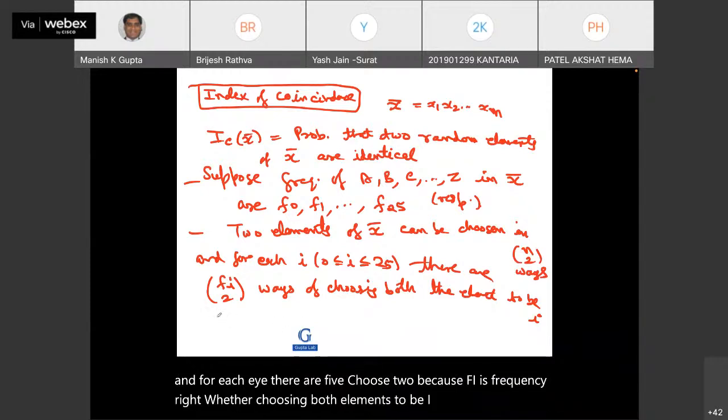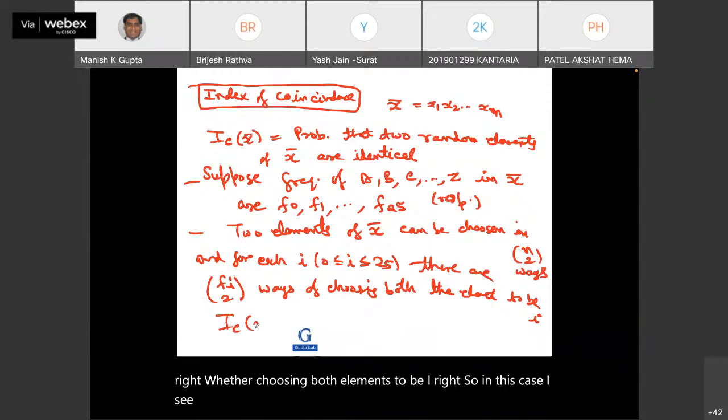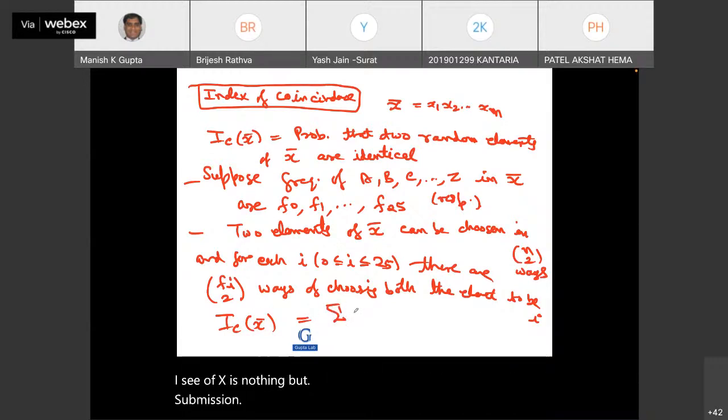So in this case, IC of x is nothing but the summation of Fi choose two, i equal to 0 to 25, divided by n choose two.